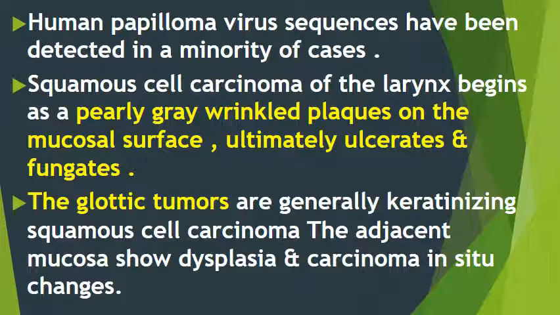These changes are especially seen in smoker patients, because the smoke irritates the mucosa and changes it, and the underlying epithelium undergoes dysplastic changes and carcinoma in situ, and subsequently squamous cell carcinoma develops.